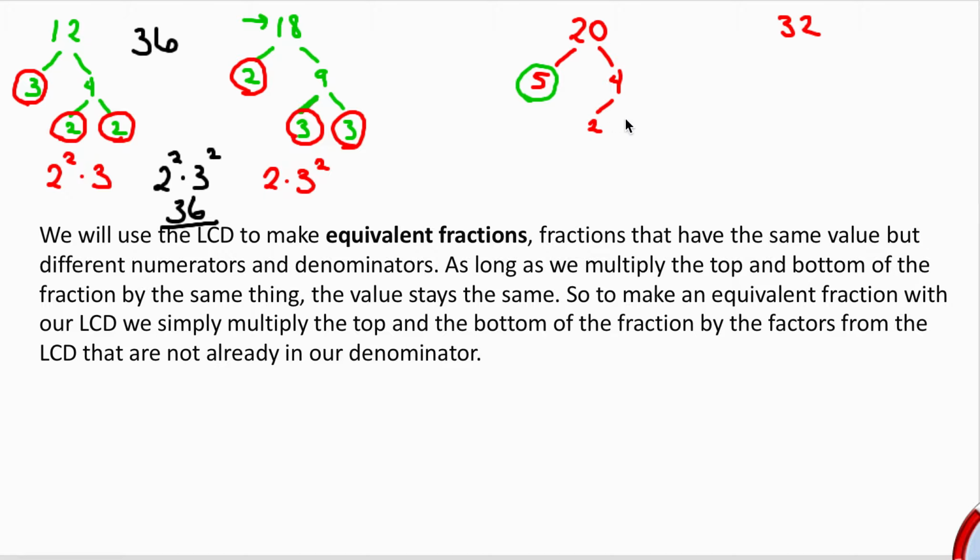Remember our prime factorizations? We're going to use them for a lot of things. All right, so I have 2 squared times 5, which is 20. And remember, I can start with any 2 numbers I think of.